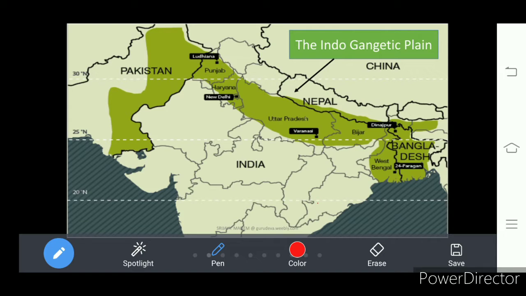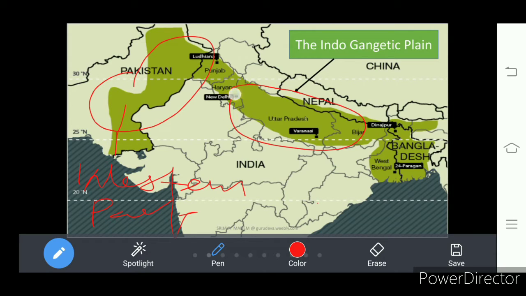One is the western part. The second one is called the central part.